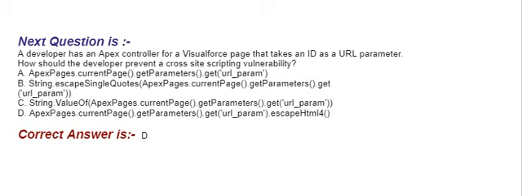Option C, String.valueOf(ApexPages.currentPage().getParameters().get('url_param')). Option D, ApexPages.currentPage().getParameters().get('url_param').escapeHTML4(). Correct answer is option D.